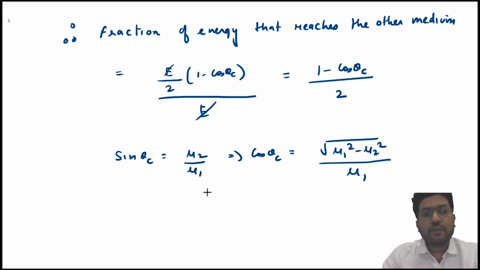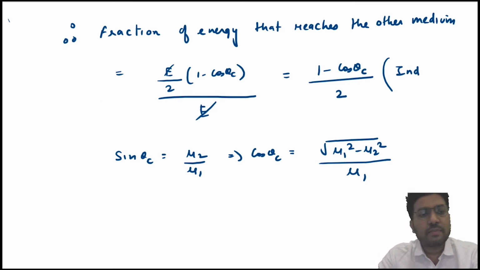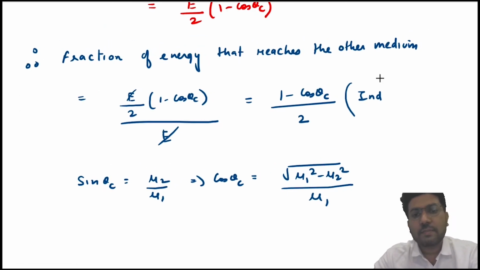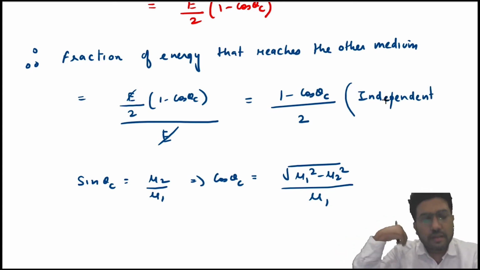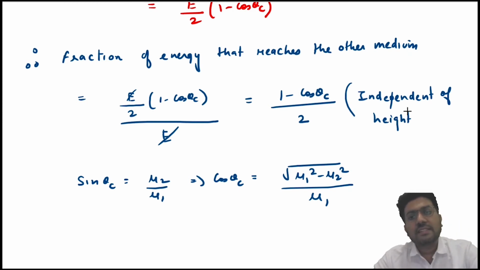Okay. So from this, there is one important point here. This is independent of the height. You can see that it depends on refractive index, but it does not depend on h. The fraction of energy which is going to the other medium is independent of the height of the object, or independent of the depth of the object inside the denser medium from the interface.